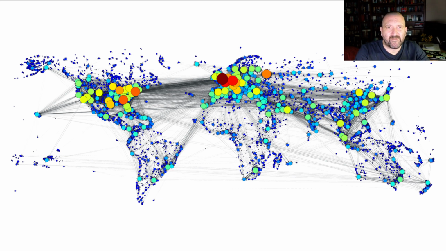Here I'm just showing the airports and the main routes between these airports, as well as the degree of the airports. That's the number of other airports that a given airport is connected to. And this network is able to disseminate people very quickly. And because people can carry diseases, this network is able to disseminate diseases very fast.